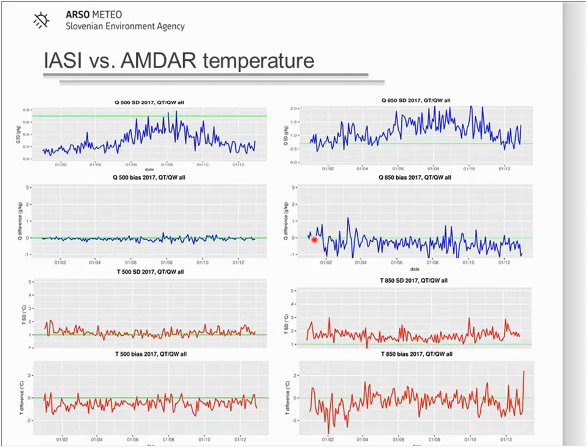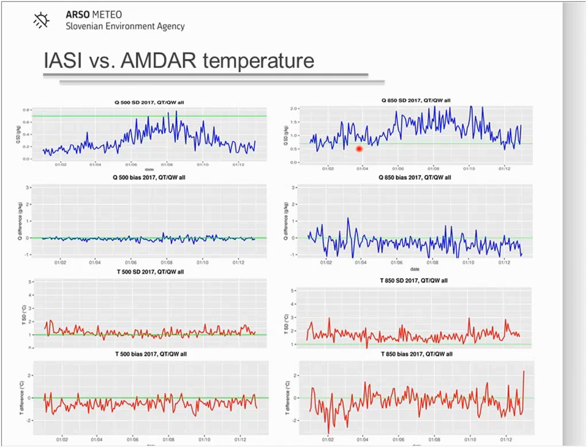And at 850 hectopascals, the values from IASI are a little bit lower than those from the AMDAR. But what we notice is that the variability of these differences between the two is much higher in the summer, so we have August here and June here, than it is in the winter. And it is the same at 500 and at 850 hectopascals.